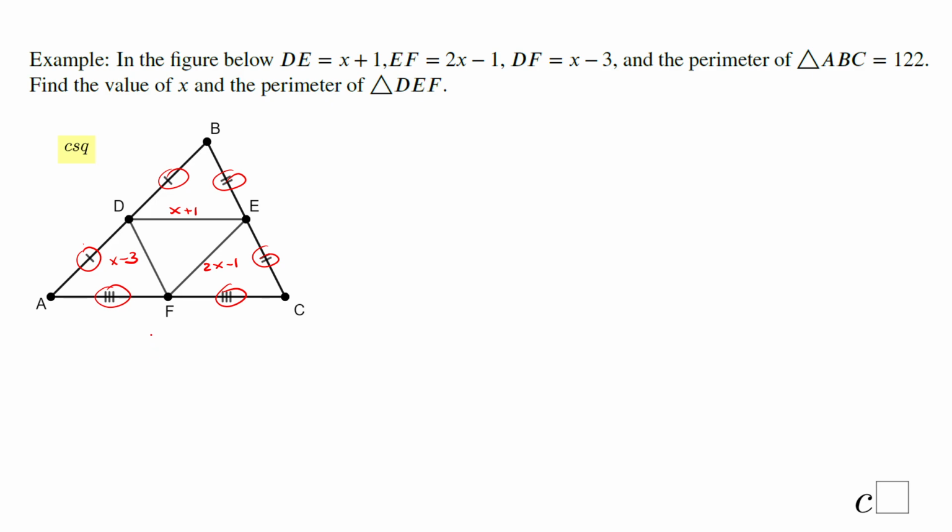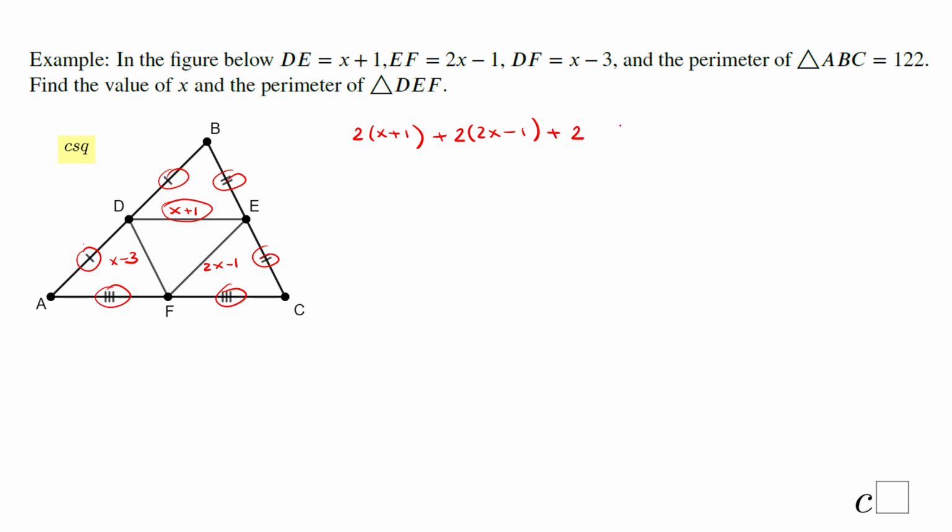Okay, so now how are we going to find x? Look here, twice x plus 1 will be AC, this side of the triangle. Very similar, twice 2x minus 1, the mid-segment FE, will be AB.